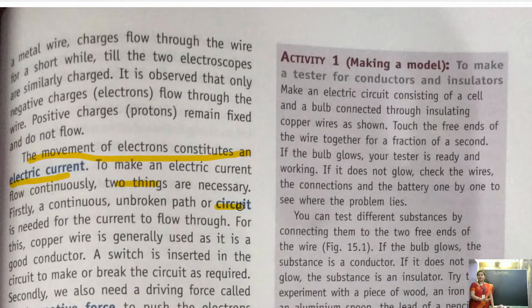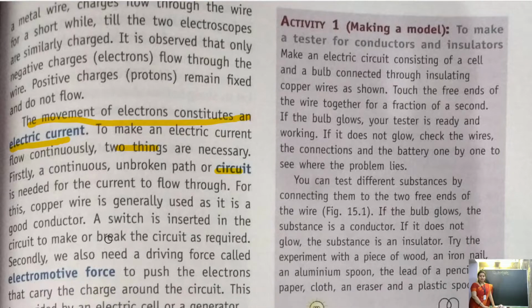Okay, this we have already discussed. So what is electromotive force? The force exerted on the electron to make the flow of electron in one direction. That is called electromotive force. That also we have discussed.